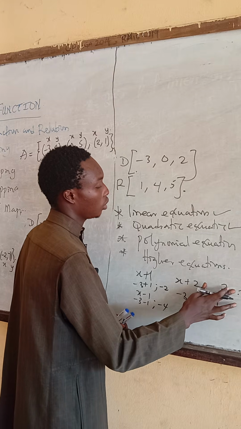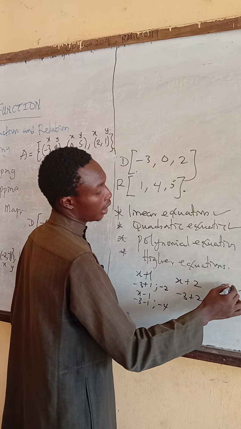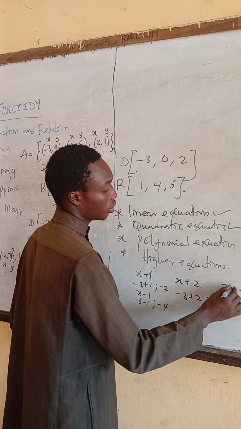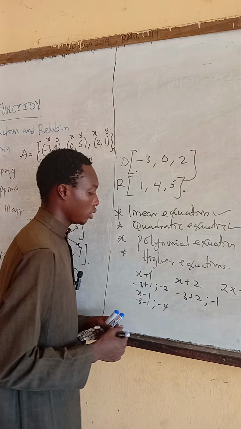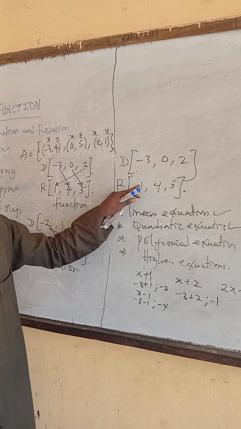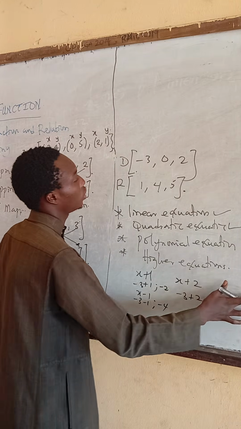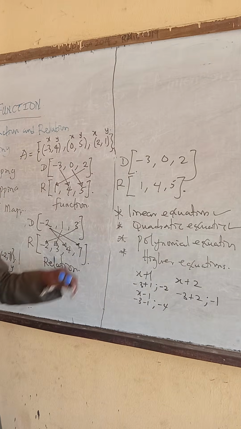But let's say I have 2x plus 1. Are we going to have minus 1? No. Let's continue. We can get the rule.